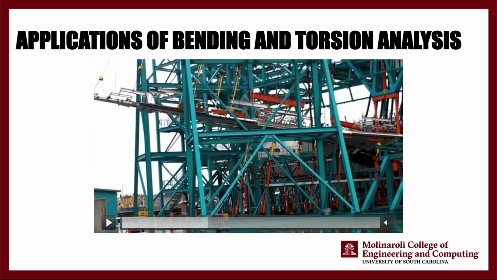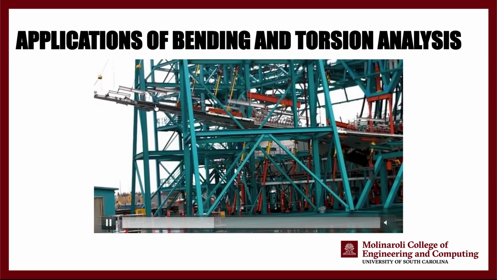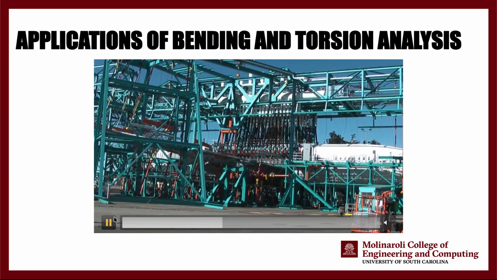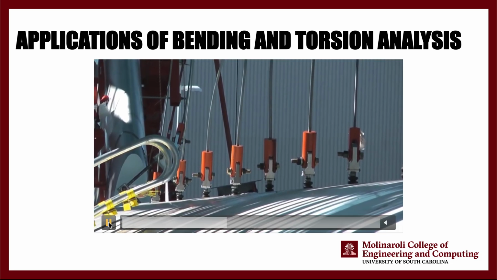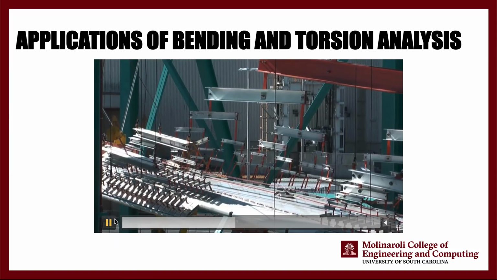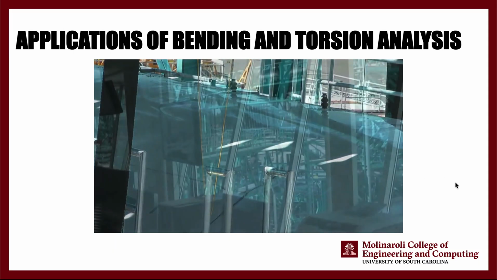This is essentially applying a distributed load. As you can see, it is creating a deflection, making sure that the wing of an aircraft can actually resist the force that is being exerted by the wind.